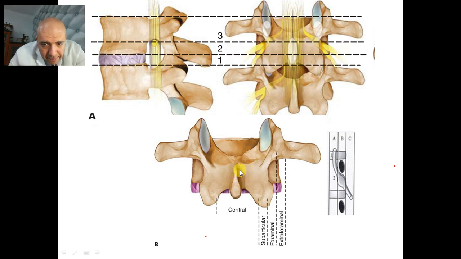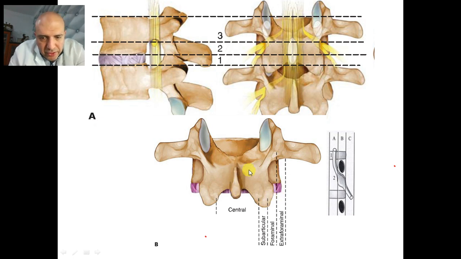This is the lamina. This is the superior articular process, and this is the inferior articular process, connected to each other by the pars interarticularis. Pars interarticularis means that this is a dense bone connecting this part and this part. This is the superior articular process, and this is the inferior articular process.